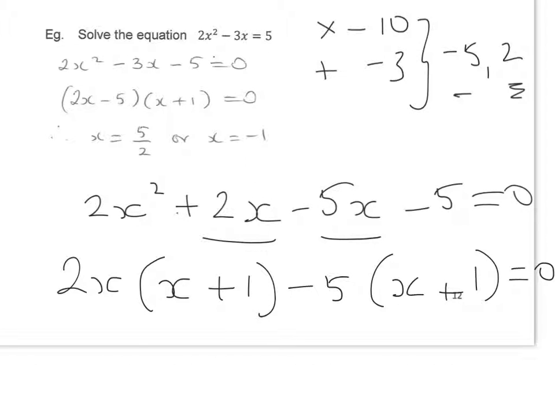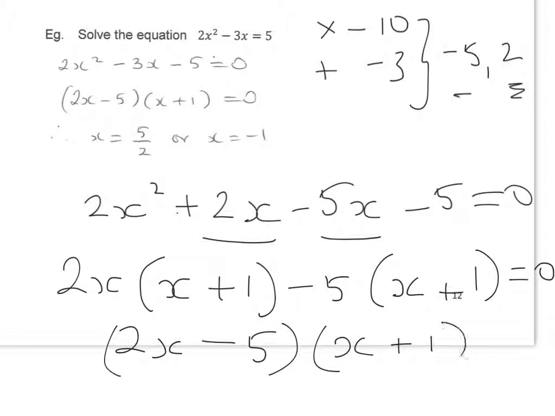And from there then I can say that I've got 2x minus 5 in one bracket, x plus 1 in the other, like we have above. Okay, so from there then, I've got 2x minus 5 times x plus 1 needing an answer of 0.